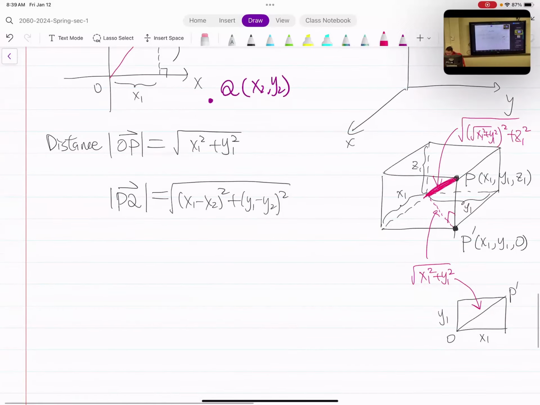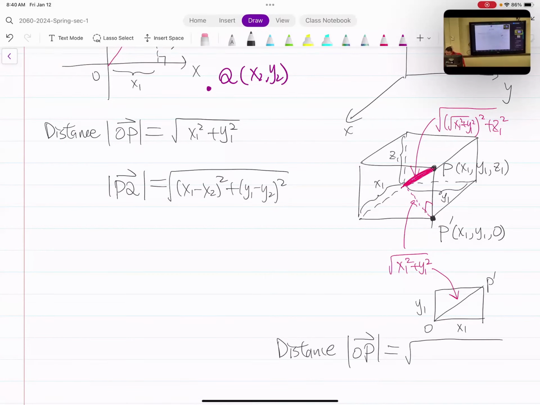Now, to formally put things down, the distance from O to P equals the square root of, if you simplify the radical expression, under the square root we have x1 squared plus y1 squared plus z1 squared. So exactly just the coordinates squared.